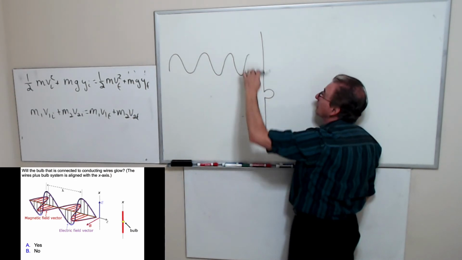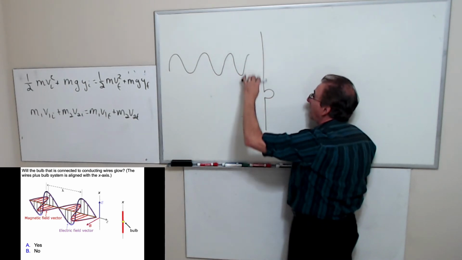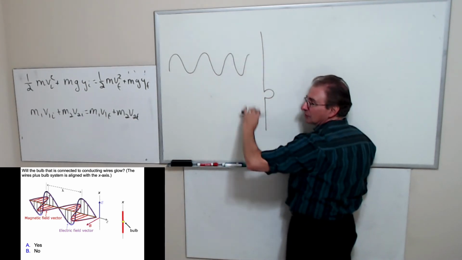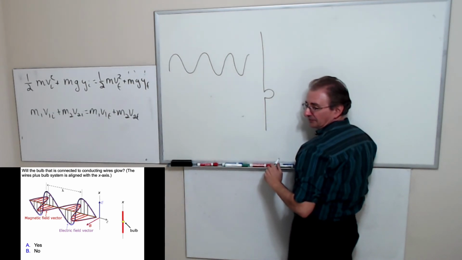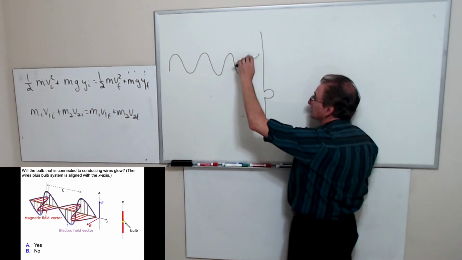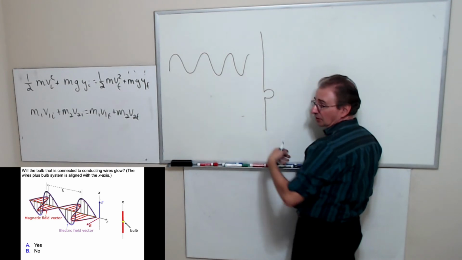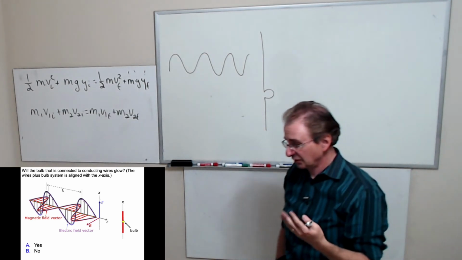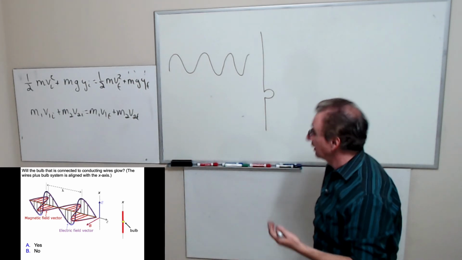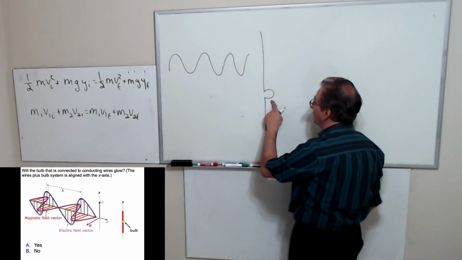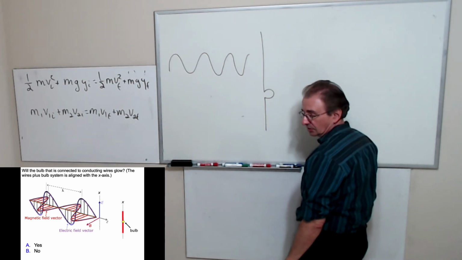There's going to be an up and down force on the electrons. And the electrons have a path to move through, right? They can move up and down. Okay? The electrons can move up and down. And so basically, I'm producing a current. Of course, if the field's big enough, that's why I said assume the field is sufficiently large. If the field's big enough, I'm going to be able to produce a large enough current to make this light go on. So the answer is yes.